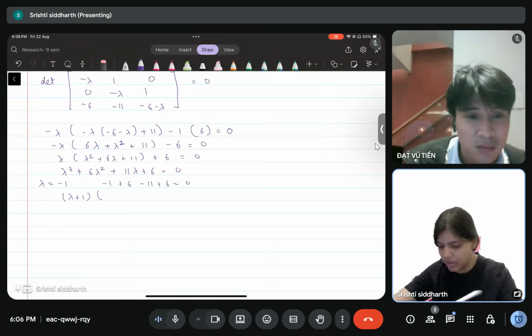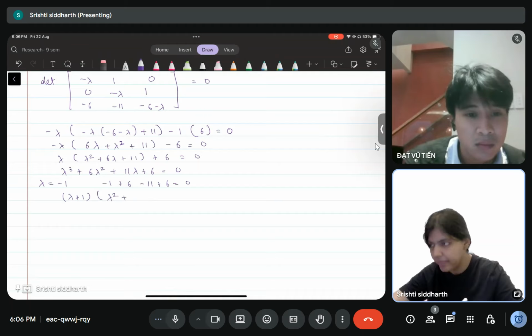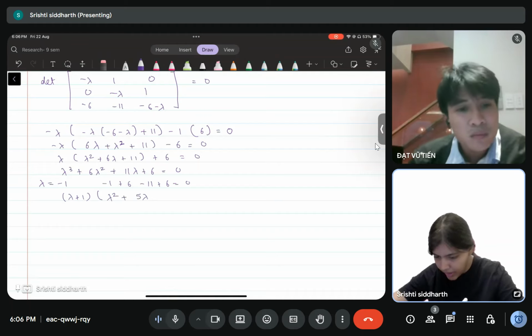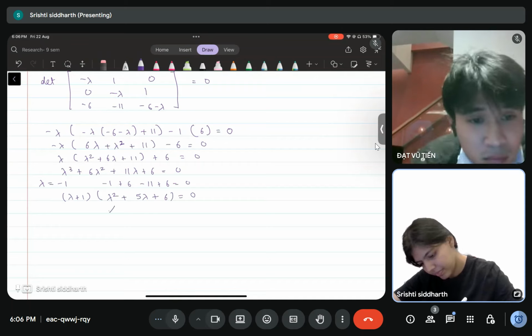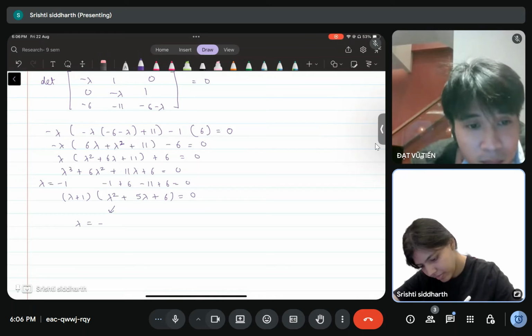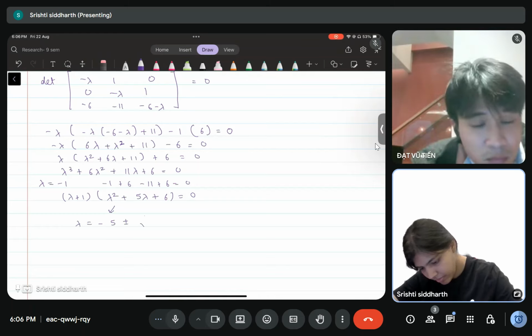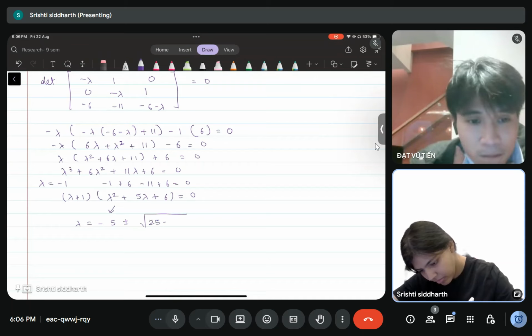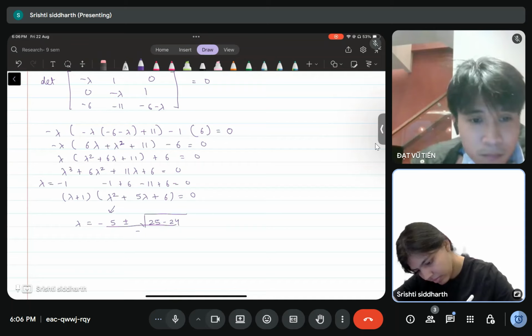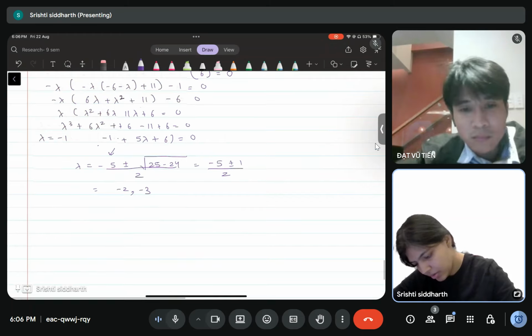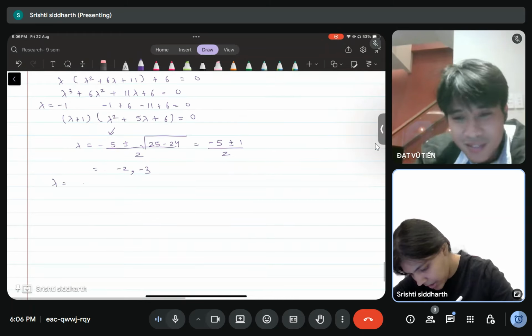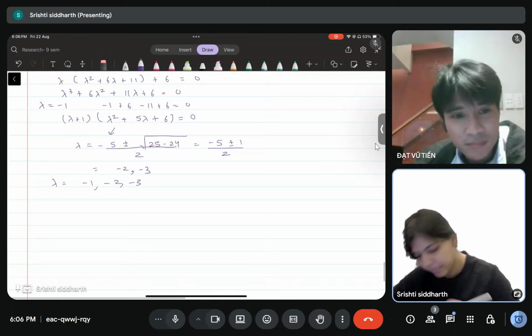I'm going to write this down directly: 5 lambda plus 6 equals 0. So this is simple. Alright, so we have lambdas as minus 1, minus 2, minus 3.